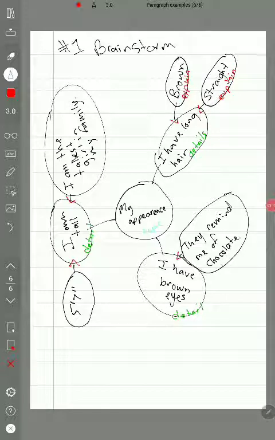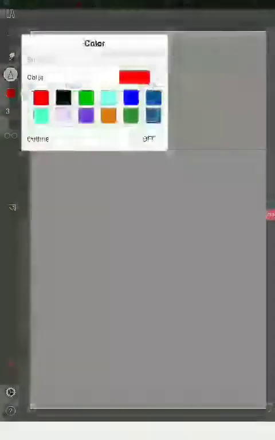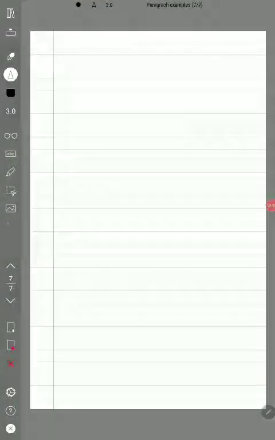And each one of these can be their own sentence when I actually plan it out. So brainstorming should be really short and quick. That way I can move on to my next section, my next part of the writing process.